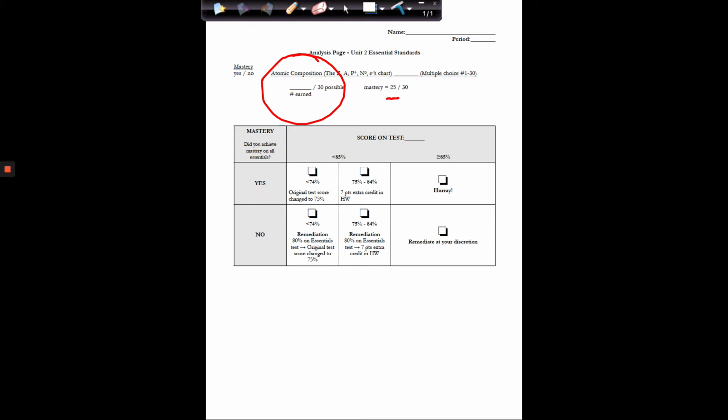So, guys, if you got 25 or above out of 30, you can confidently circle the word yes on the left. Guys, you're good. You mastered everything that you need to from the first or the second unit. You're good to go. Now, guys, if you circled no, that simply means there's something that you need to learn in order to be ready to move forward, and that's called remediation.